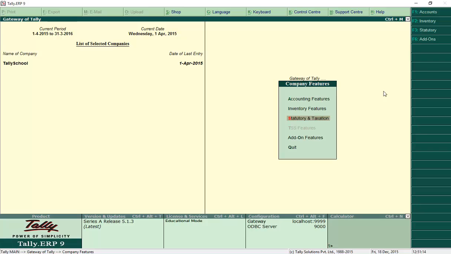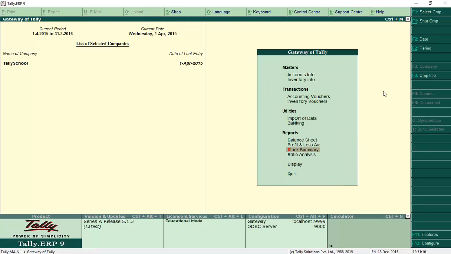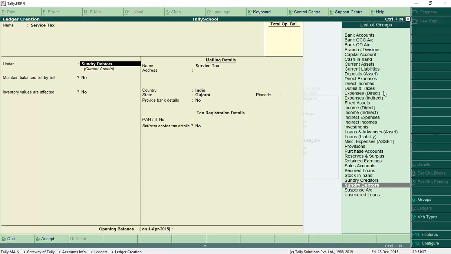Now if I come back, I'll create another ledger called service tax. So let's say service tax, and go to accounts info and ledger, and then under single ledger press enter on create. So service tax, and it will be under duties and taxes, because there is a specific ledger made in Tally for duties and taxes.